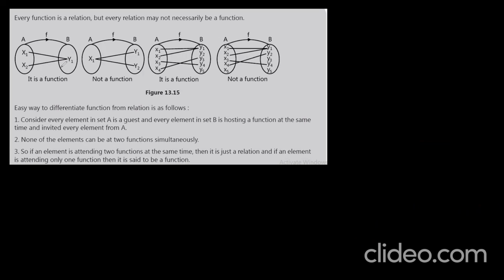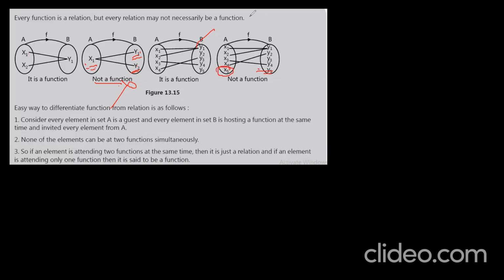You see, it is a function, because we used all the elements of A and each element has its unique image in B. Why is this not a function? Because you see, the image of x1 is y1, and the image of x1 is also y2. So it has two images instead of one image. So it is not a function.